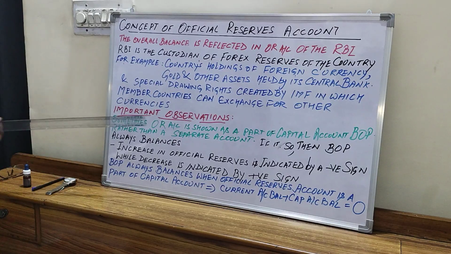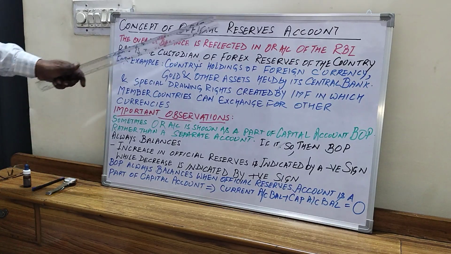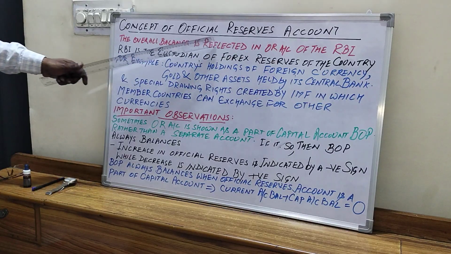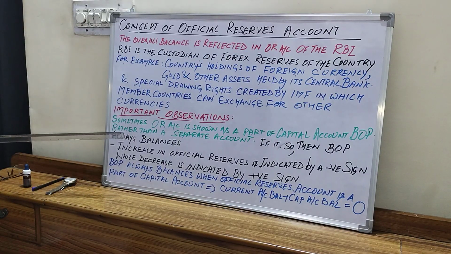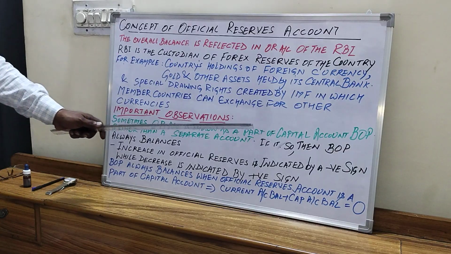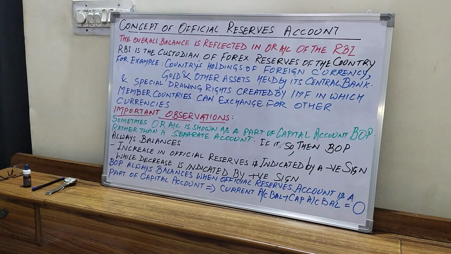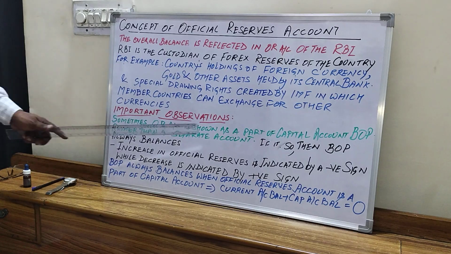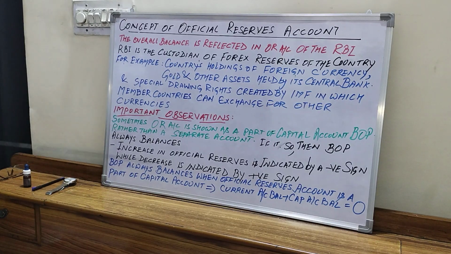And here are some important observations related to the official reserve account. Sometimes the official reserve account is shown as a part of the capital account of BOP rather than a separate account. If it is so, then BOP always balances.